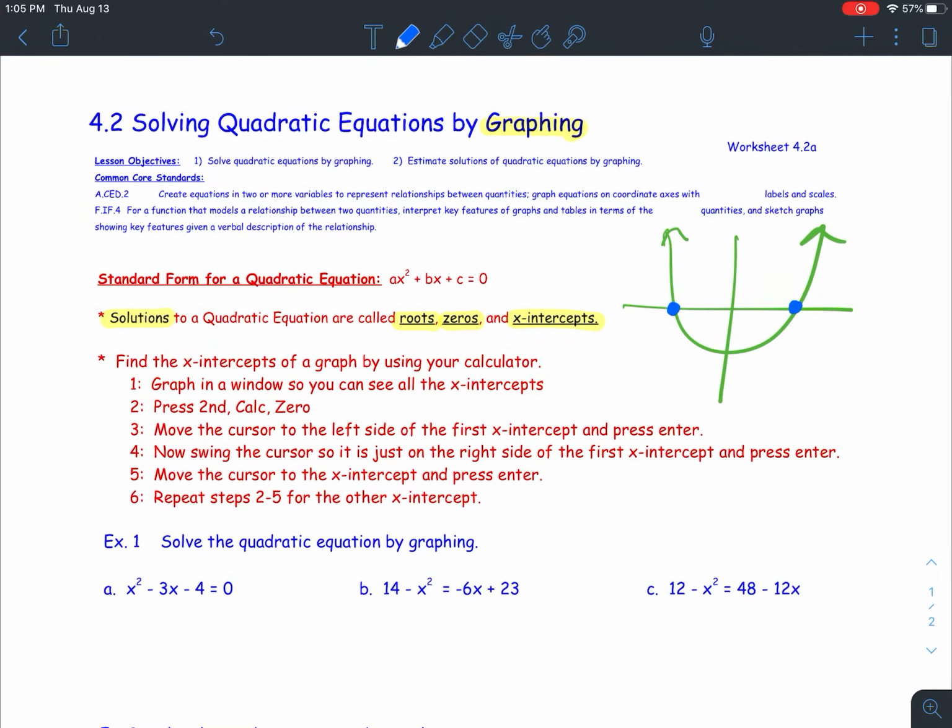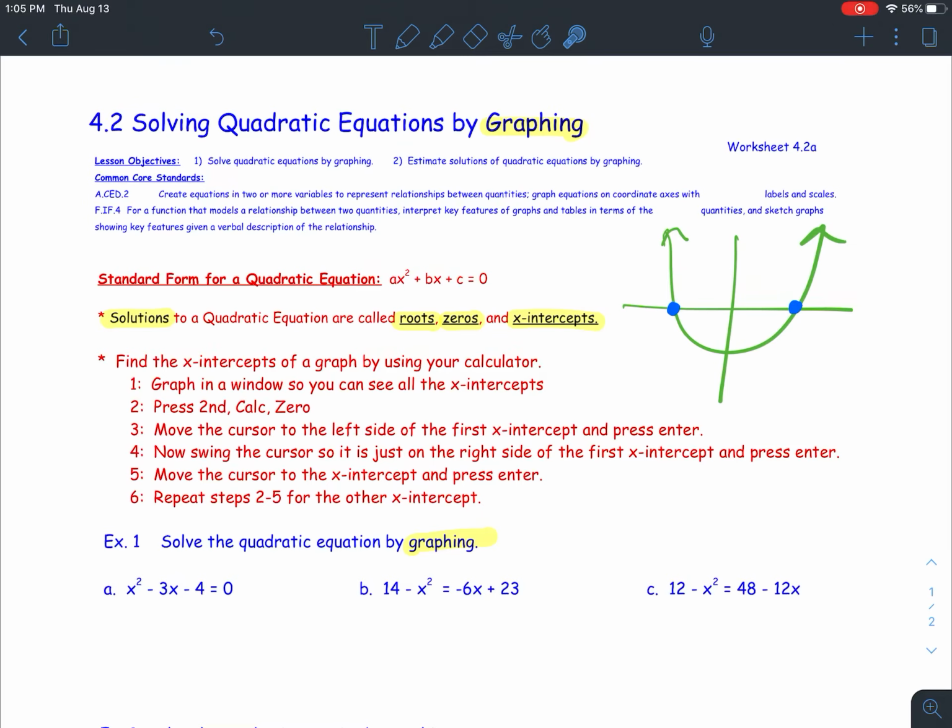If you think of a parabola, whatever the x-coordinate is at those x-intercepts, those values represent the solutions to your quadratic equation. They are also referred to as the zeros because those are the points where the y value is 0.